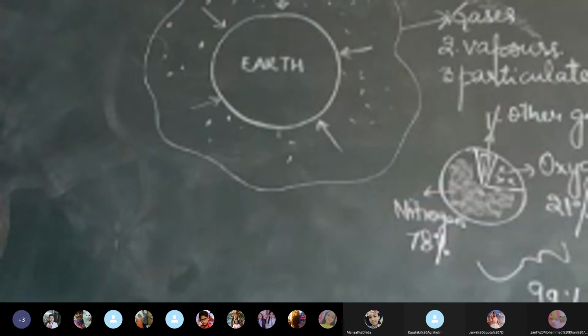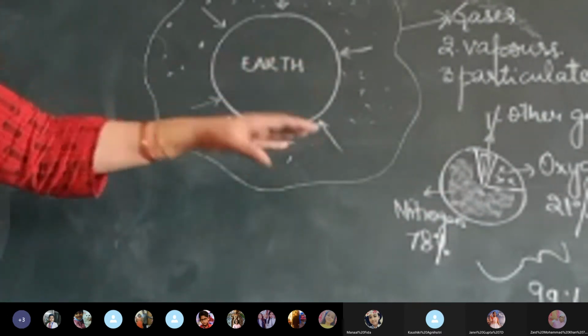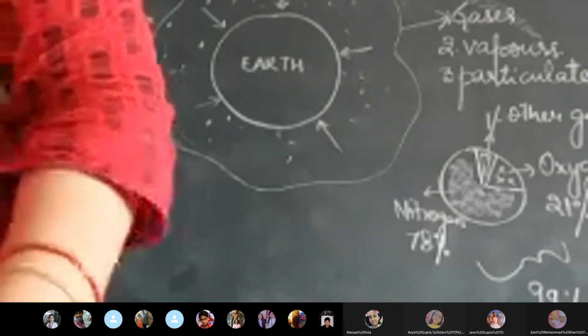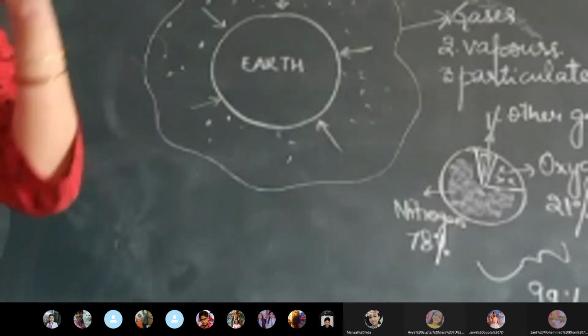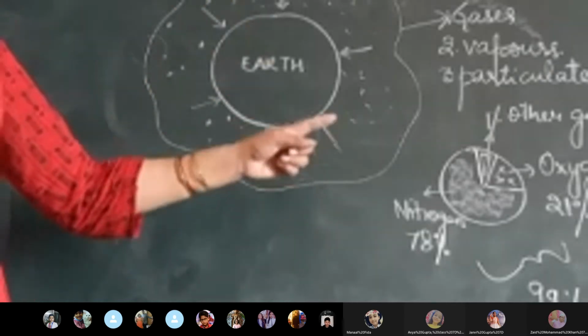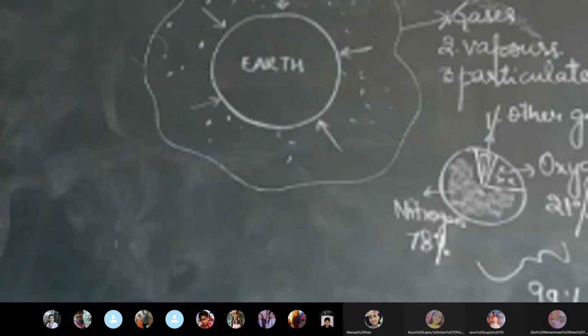The plants keep a check on carbon dioxide and help in maintaining a perfect balance of temperature on Earth. Any extra carbon dioxide is radiated back to the outer layers of the atmosphere, and this is called the greenhouse effect.